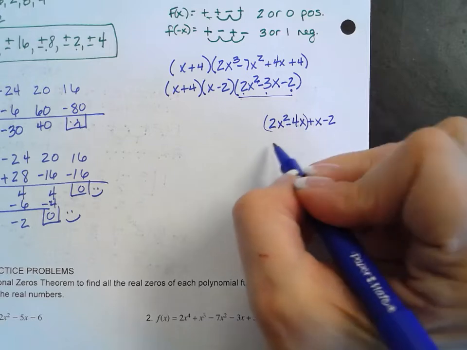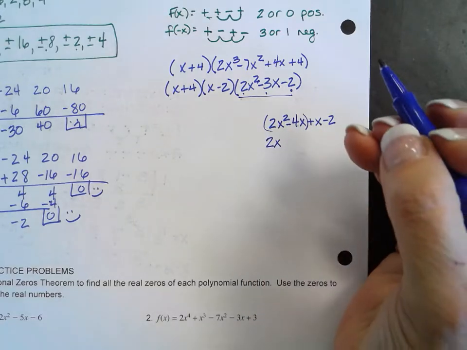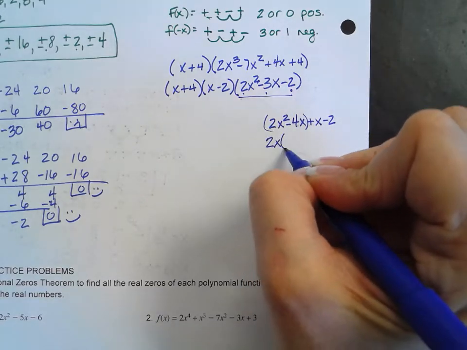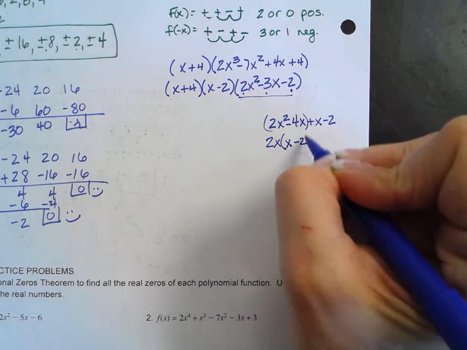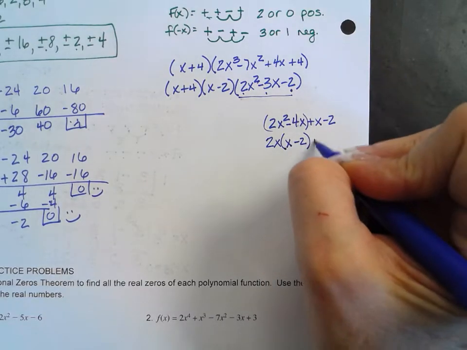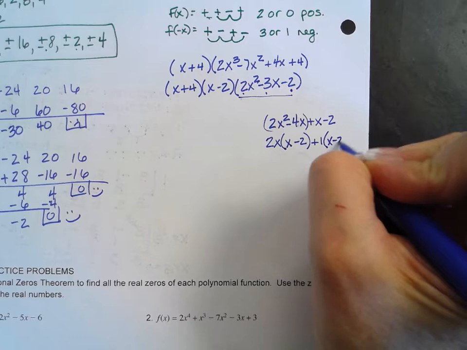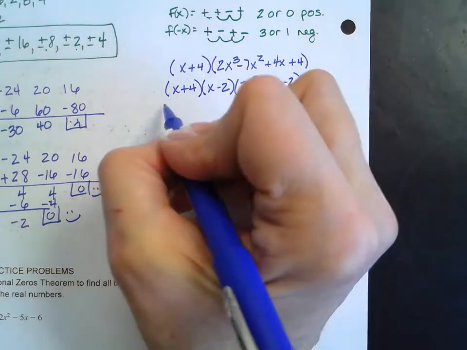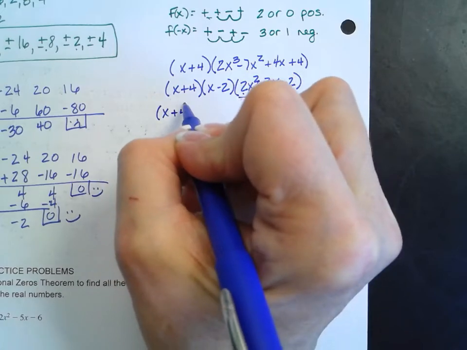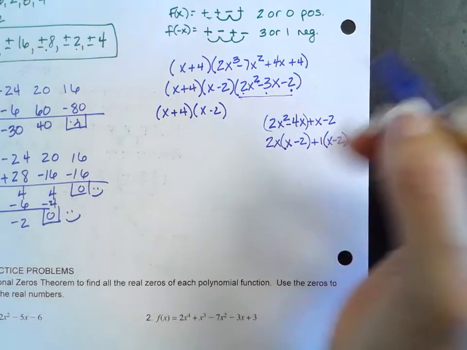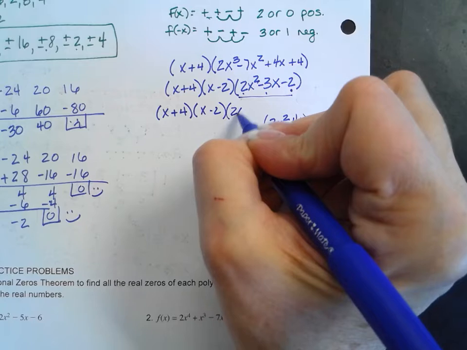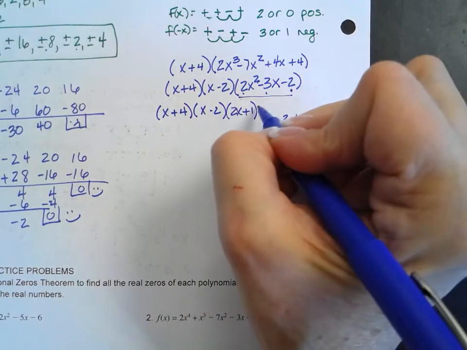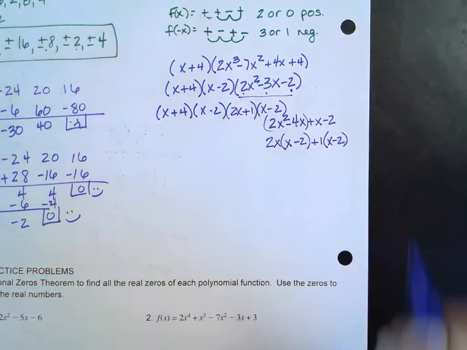And so when I group, I'm going to pull out a 2x and be left with x minus 2. And then if I pull out a 1, I'm left with x minus 2. And so I can factor into 2x plus 1 and x minus 2.